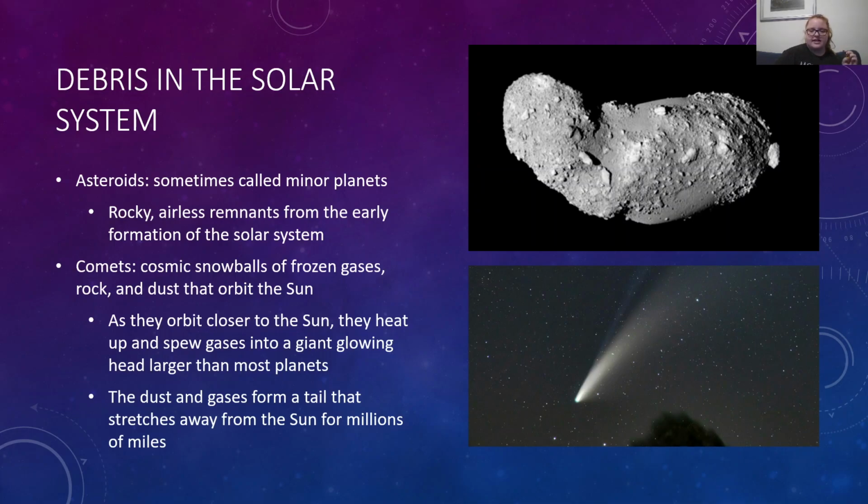So there's dust and gases that are making this tail that stretches, this says, for millions of miles away from the sun. Oh yeah, so if the sun is here, it's stretching in the opposite direction, right? So this is the idea of a comet.